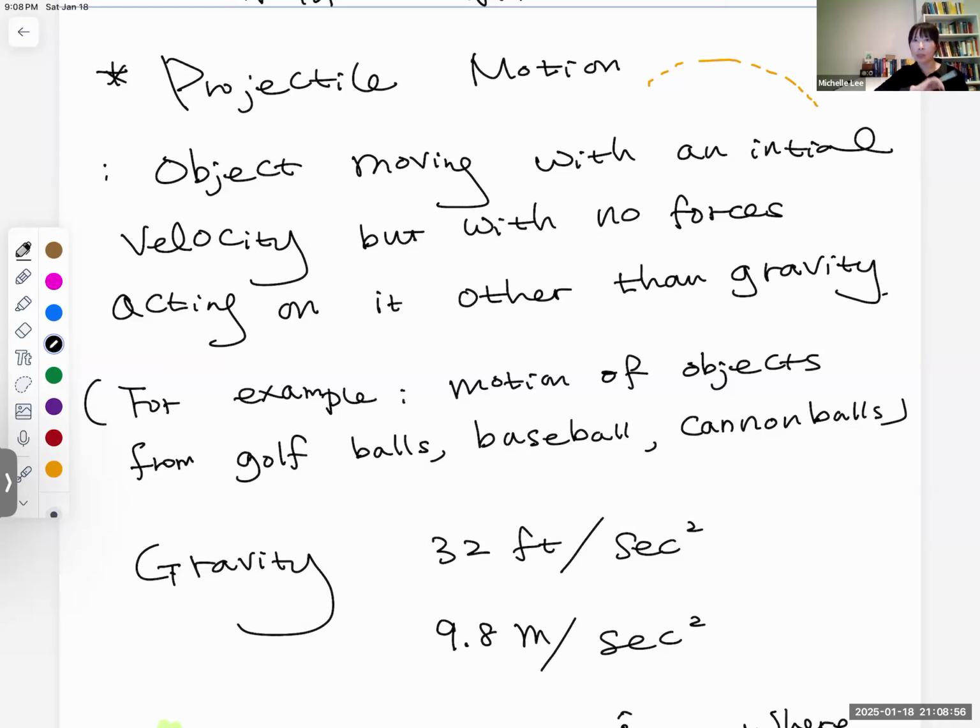We know what a projectile motion looks like, and we have to know the gravity, which is 32 feet per second squared. If we use meters, then 9.8 meters per second squared. If you are taking physics or you took physics, normally we use meters per second squared, right?